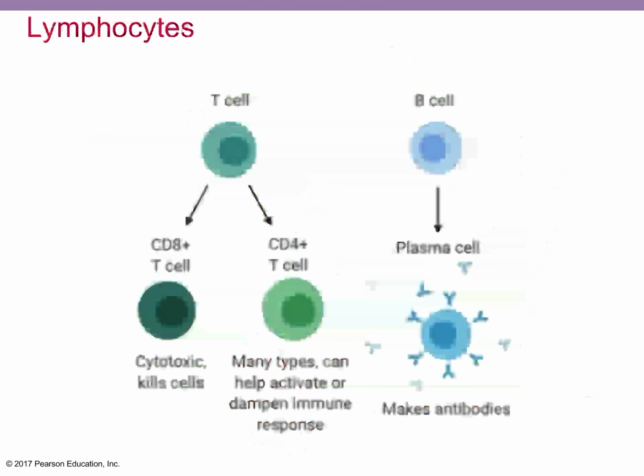So let's take a look at our next picture here. And these are the lymphocytes. One thing I want to make sure that you understand is lymphocytes are considered specific immunity. We're going to talk about immunity in the last part of this, so I'm not going to go into too much detail, but specific immunity means that they're not going to react to anything foreign.